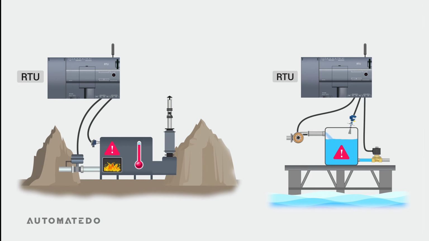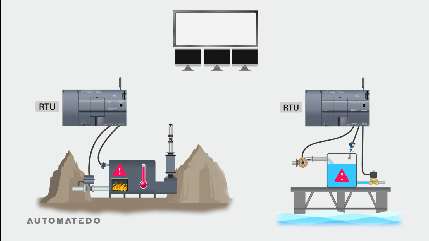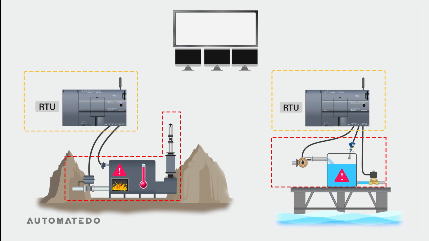When the number of RTUs increases, using web interfaces to check the whole system no longer makes sense, and in this case, it is preferable to have a central master station. Here, RTUs establish interfaces between field instruments in physical processes and the automation control system.